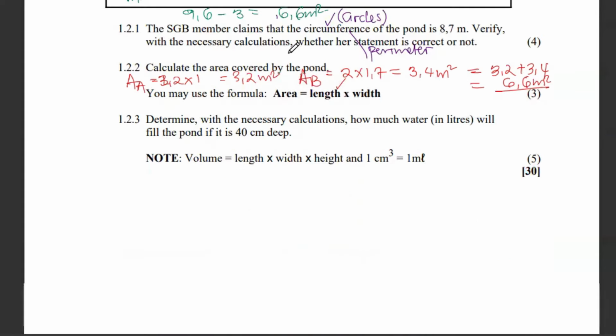All right, let's look at the other question. Determine with the necessary calculations how much water in liters will fill the pond if it is 40 centimeters deep. Here come the calculations.